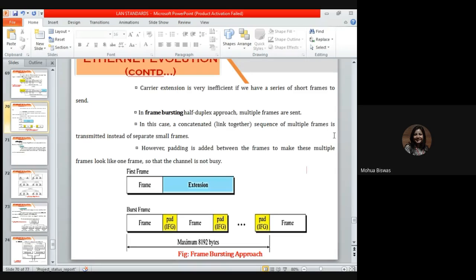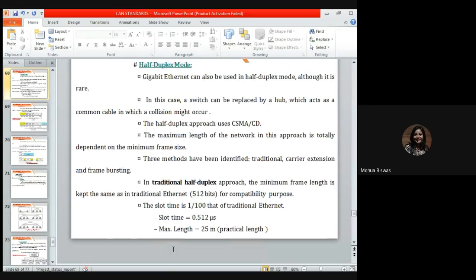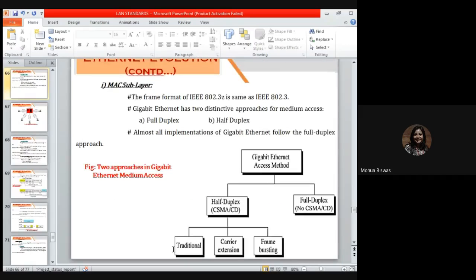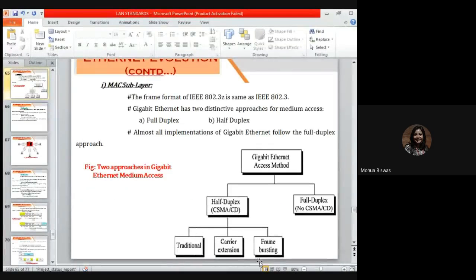And whatever frames we transmit here, we have to pad them so that they fulfill the minimum requirement. These are the three sub approaches which come with half duplex.